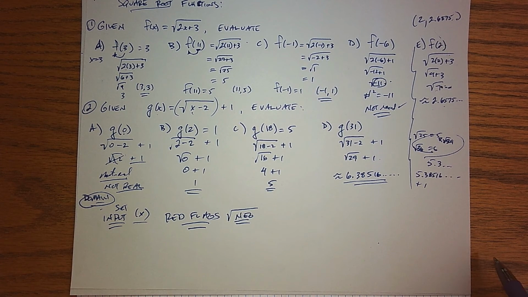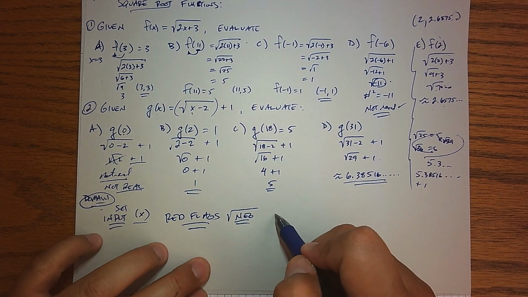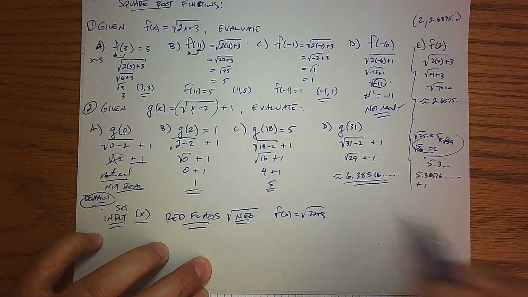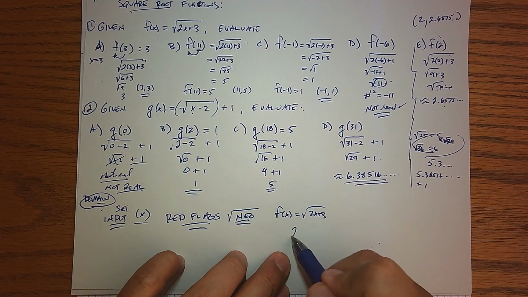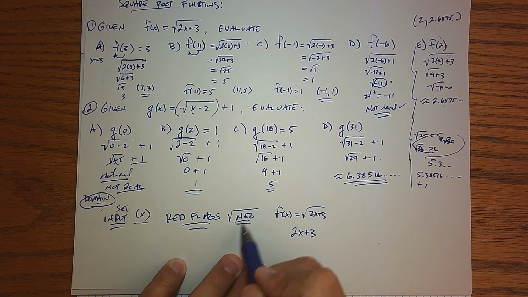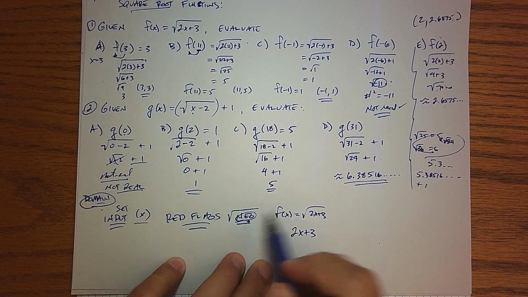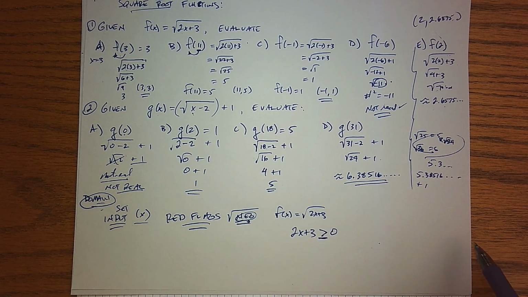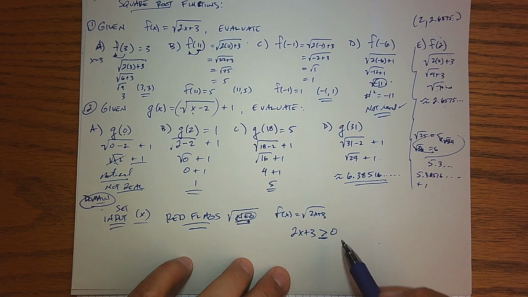So if I'm trying to find the domain of something, right, like let's say f of x equals the square root of 2x plus 3, then what I have to make sure of is that the radicand, I don't want it to be negative. So I want to make sure that it's at least greater than 0, right, positive, or at a very minimum that it's equal to 0. And so basically we have this thing to solve.